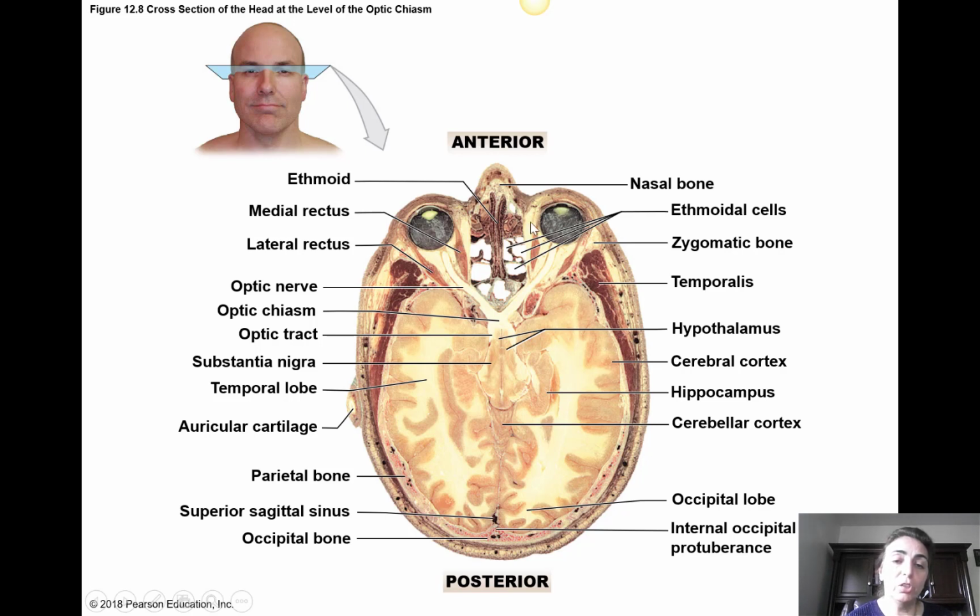This part is the anterior part. As you see, you have the nose and the two eyes here. So these are the anterior of the head. And this is the posterior part of the head in that area. The left side of the image is the right side of the body, and the right side of the image is the left side of the body.